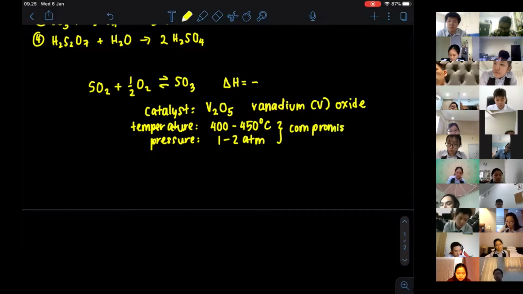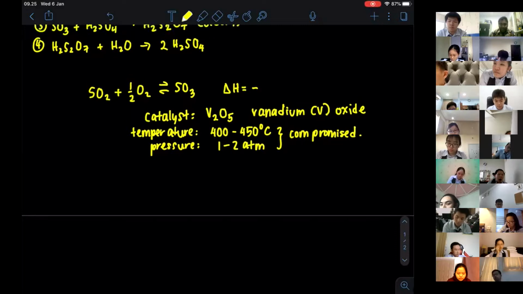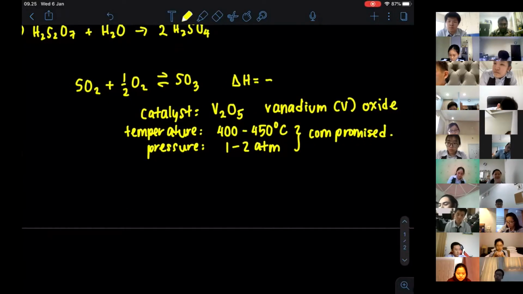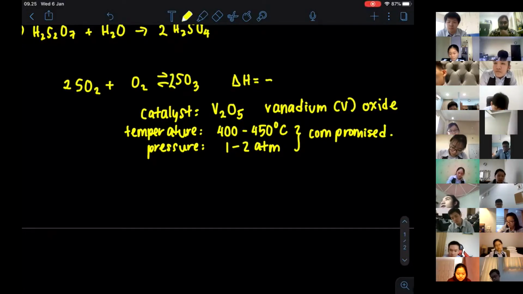So let's analyze them a little bit. If you want to analyze the pressure, let's balance this properly. So this one will be 2, this is 1, so this one will be 2. All of them are gases. Looking at the pressure, 2 and 1 makes 3, and this is 2.